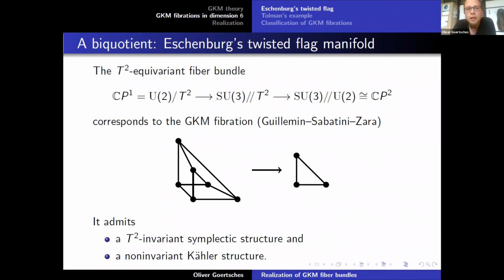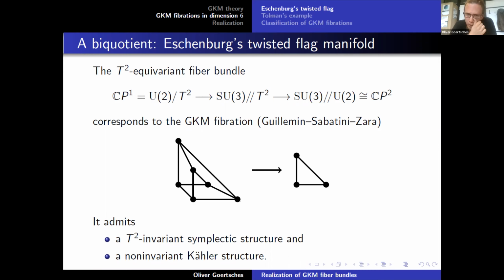Eschenburg introduced and classified lots of them because he was interested in finding manifolds with positive sectional curvature. This example here is also one manifold with positive sectional curvature. So we found it interesting that they are also of relevance in symplectic and Kähler geometry.